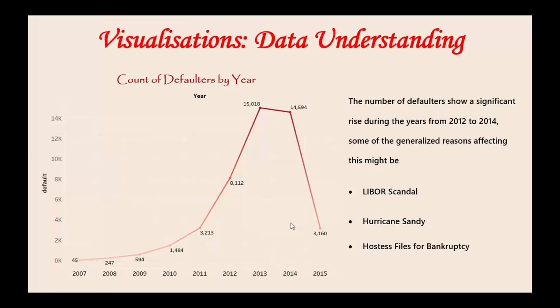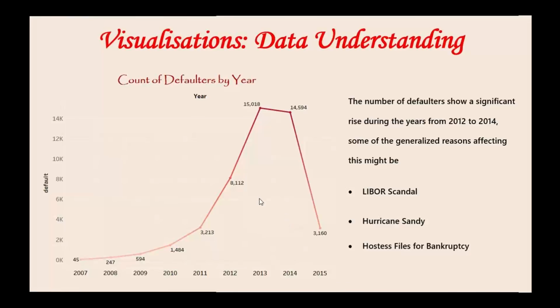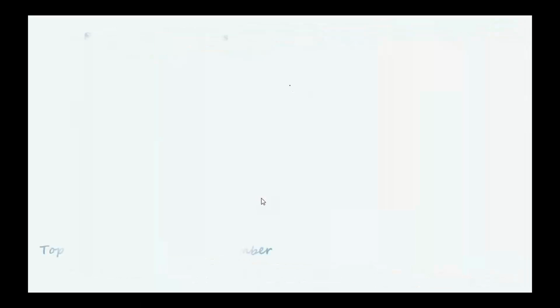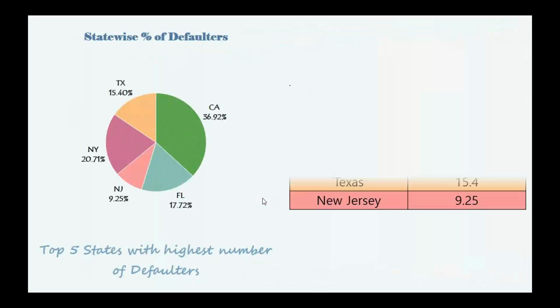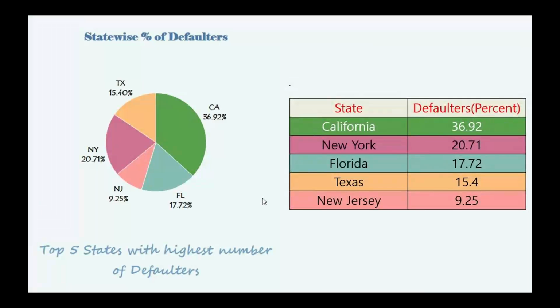A few factors might be affecting the defaulters. This might be the labor scandal, the hurricane, and the hostage filed for bankruptcy. These were unexpected crises that could be affecting it. The pie diagram also shows the top 5 states with the highest percentage of defaulters.